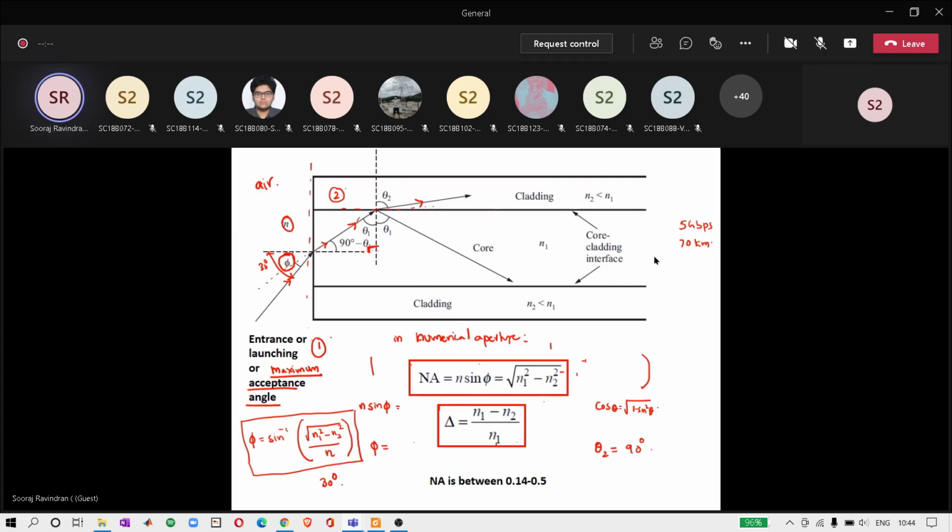So we always end up with a cladding material which has a slightly smaller refractive index than the core. But theoretically speaking, if you have an optical fiber with only core, that too with the largest refractive index, then the optical fiber is going to have the largest numerical aperture.